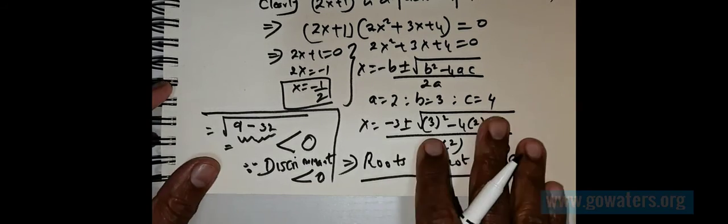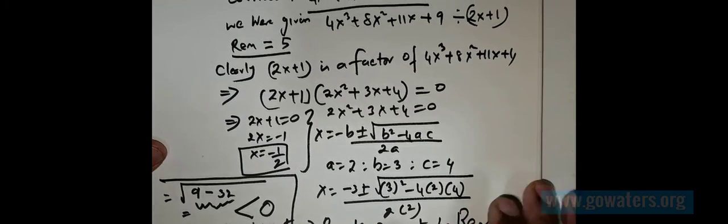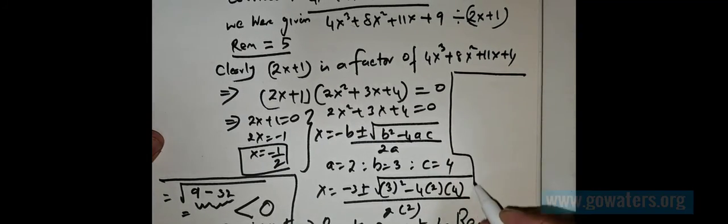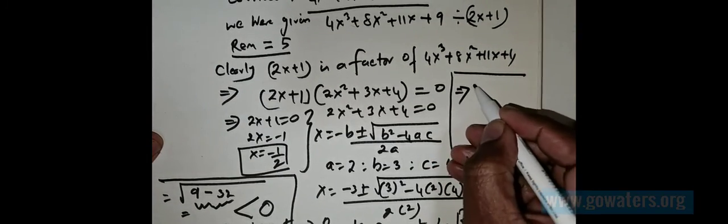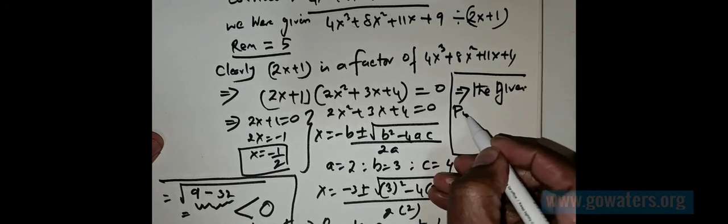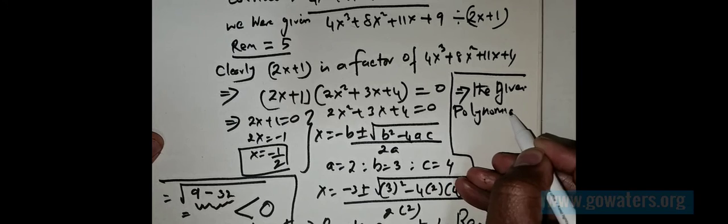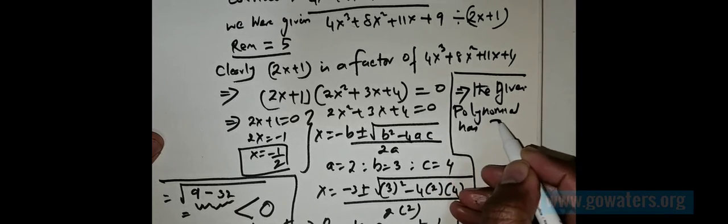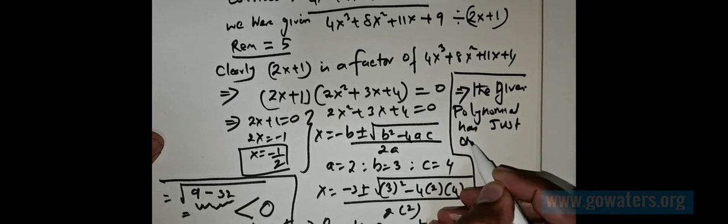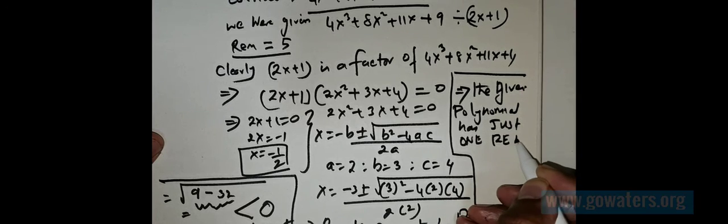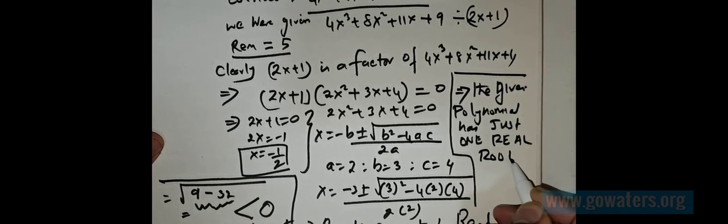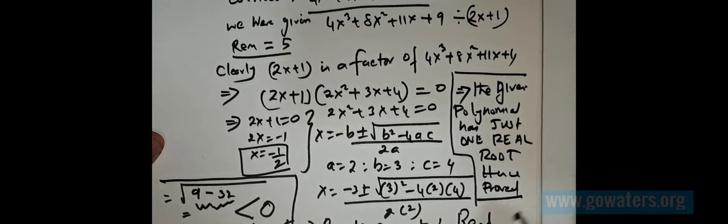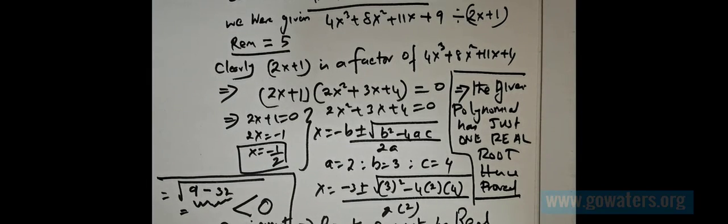So this implies the given polynomial has just one real root, hence proved. That completes the solution for this question.